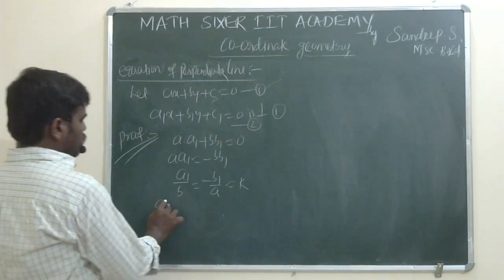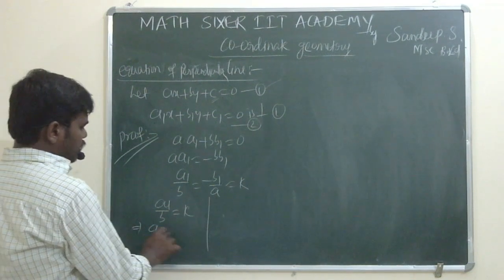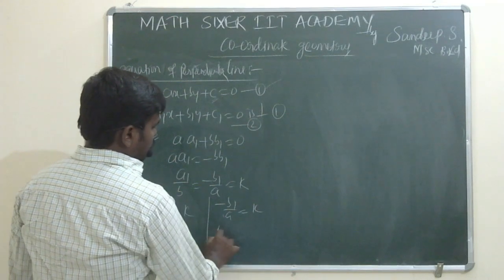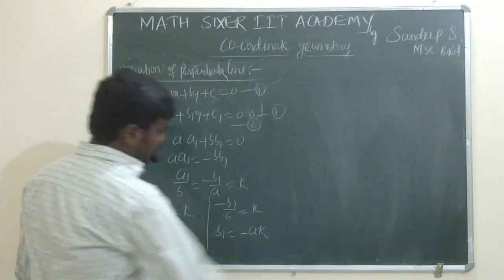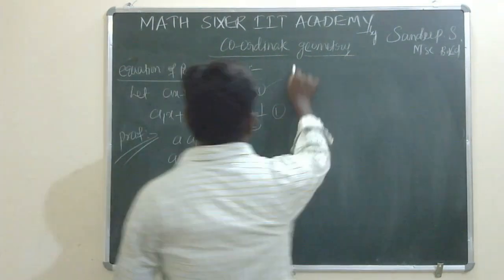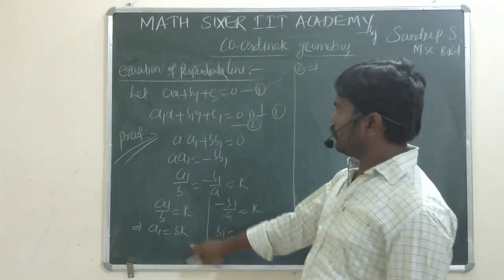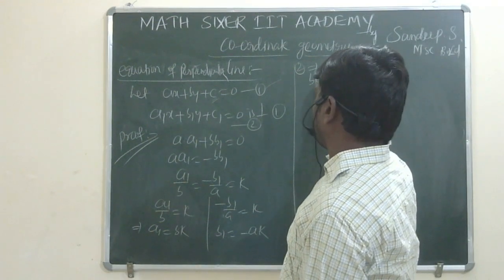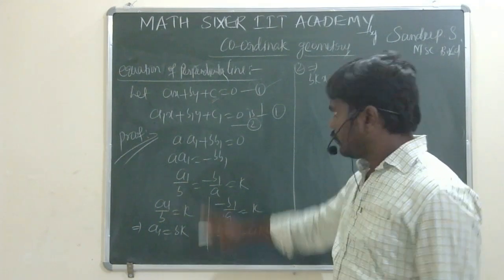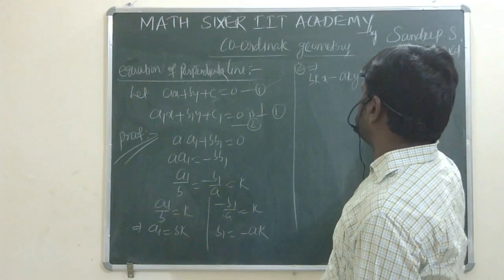So a1 by b is equal to k. That means a1 is equal to bk, and minus b1 by a is equal to k, which means b1 is equal to minus ak. Now these values you have to substitute in equation number 2. From 2, a1 means bk x, b1 means minus ak y, plus c1 is equal to 0.